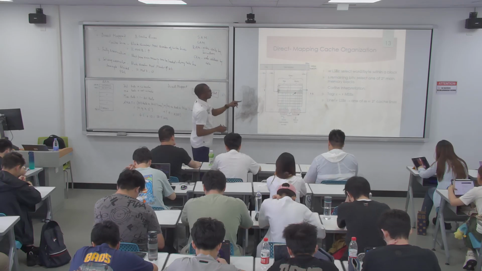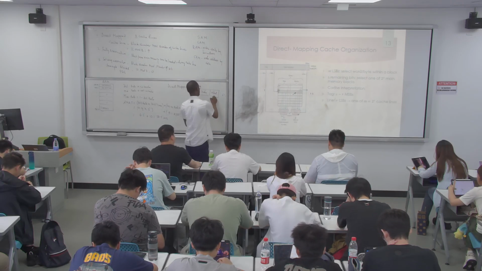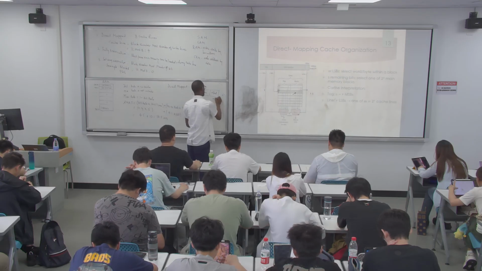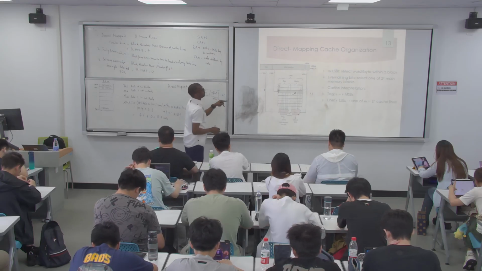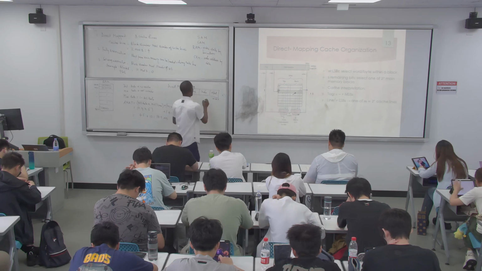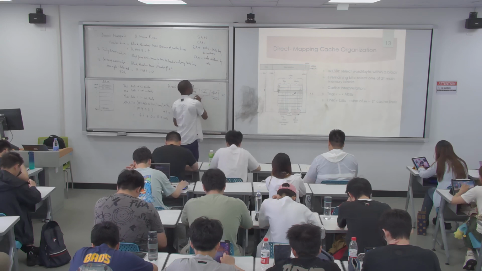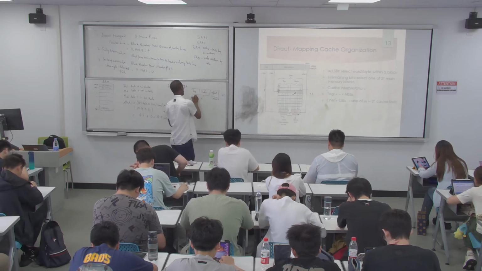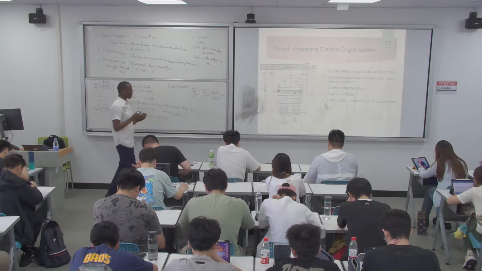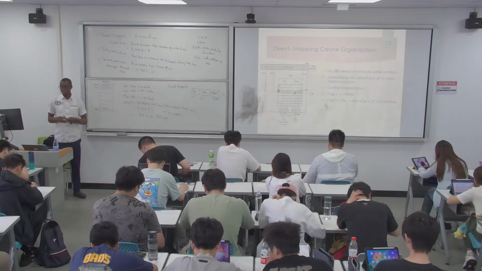The offset here is W bits, and we have R bits for the index, and S minus R for the tag. So what does this mean?